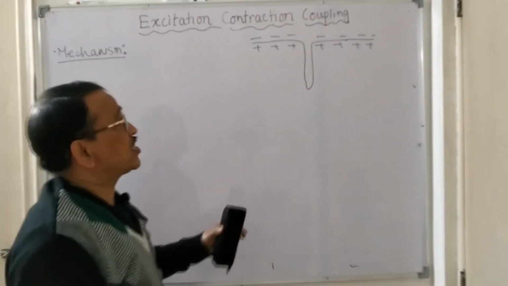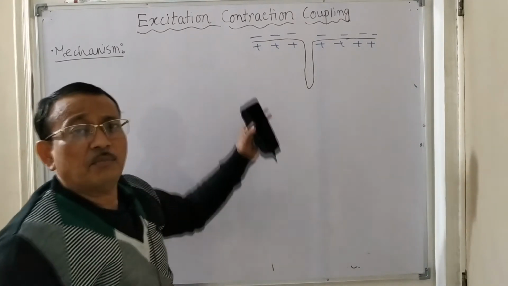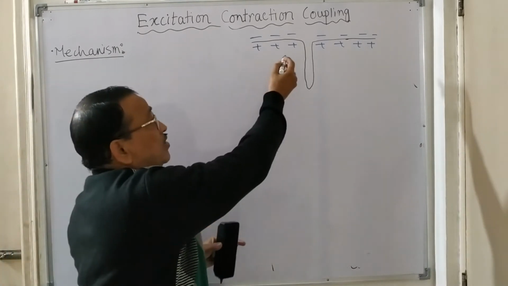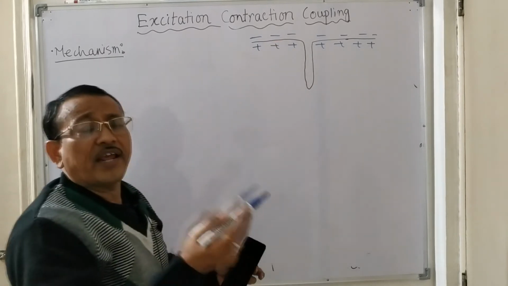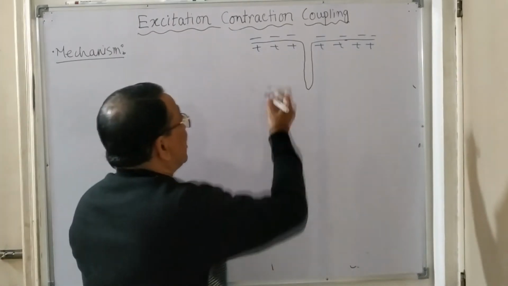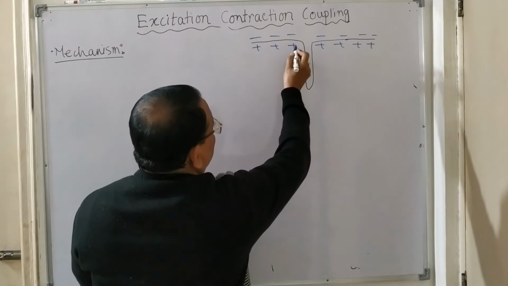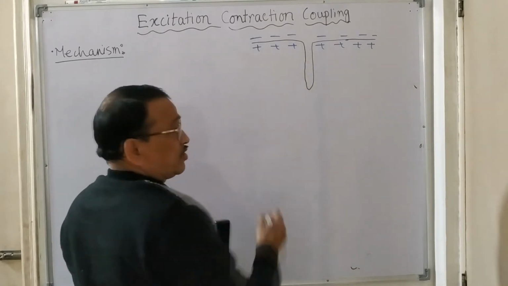In the resting condition, the inside was electronegative. Once the muscle membrane is stimulated, it gets depolarized, or excitation of the muscle takes place. So the inside of the sarcolemma will be electropositive.